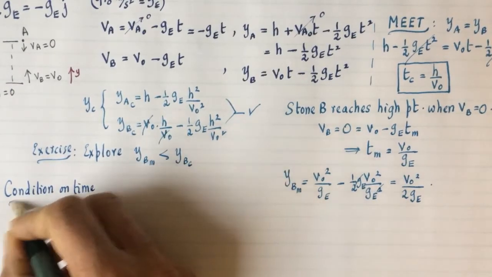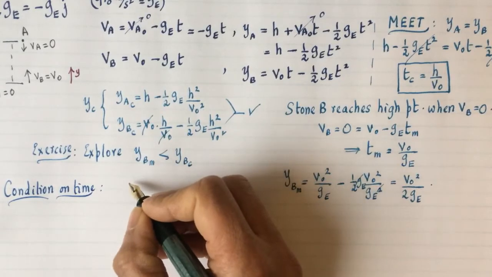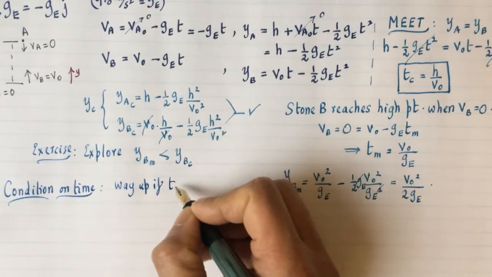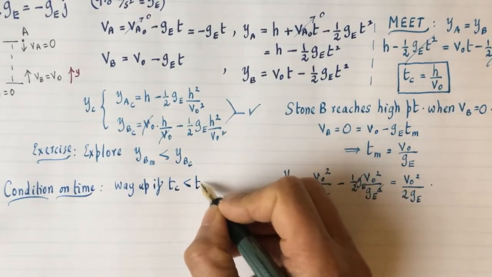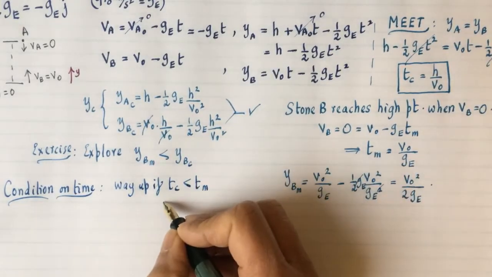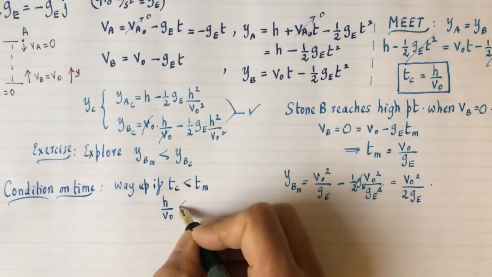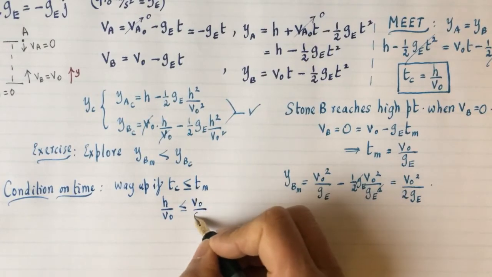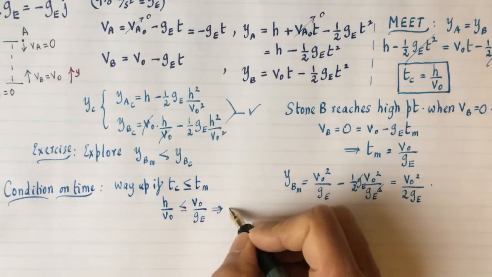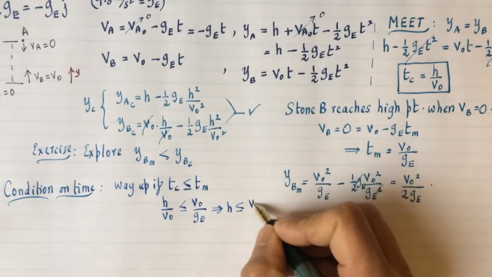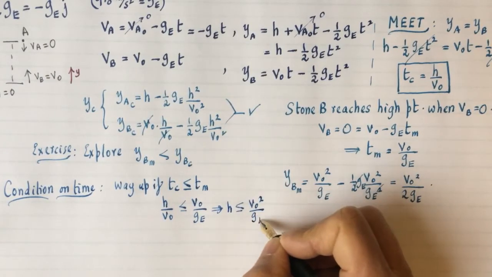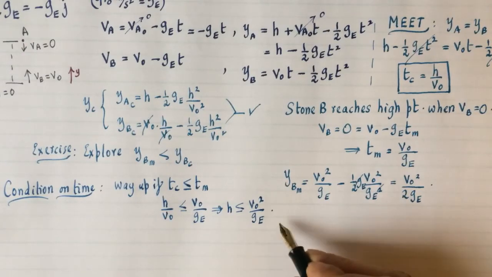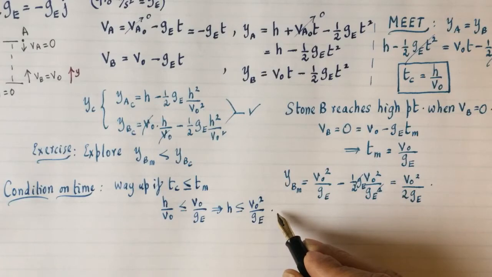So let's look at a different condition, the condition on time. The condition on time gives me it's on its way up if T sub c is less than T sub m. So let's look at the condition. H over V naught must be less than or equal to V naught over G sub E, and this gives me H is less than or equal to V naught squared over G sub E. Well, that's a very interesting condition because it tells you that it's less than half the maximum height.